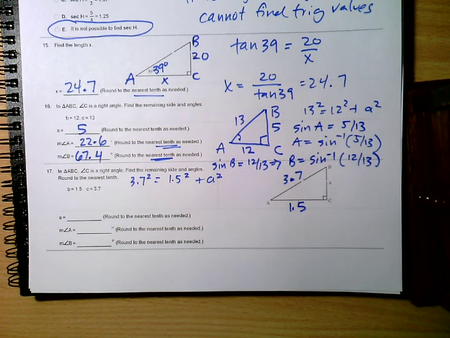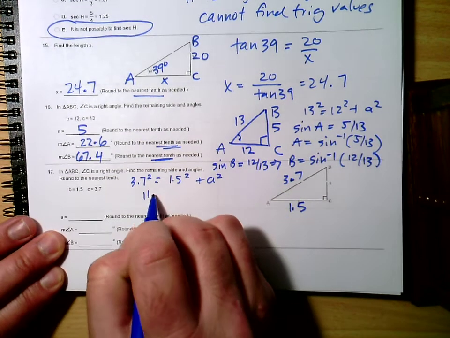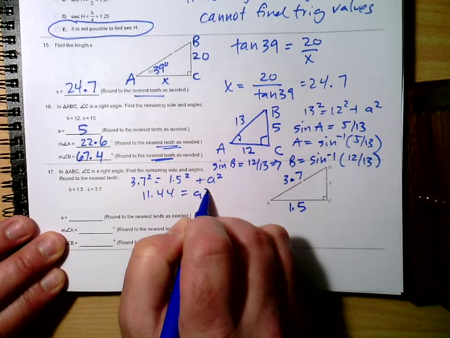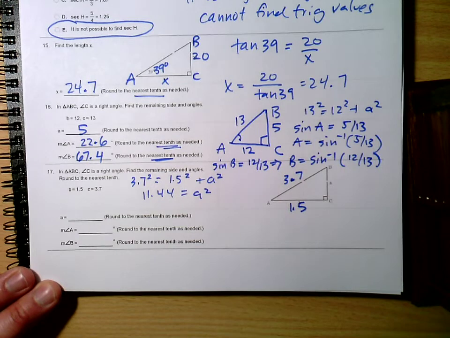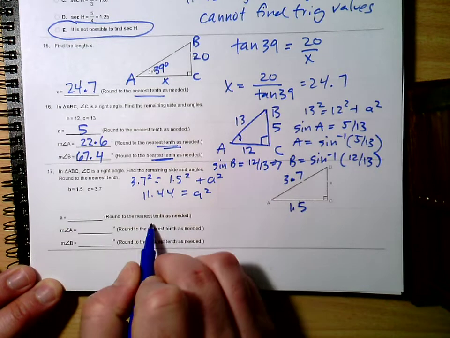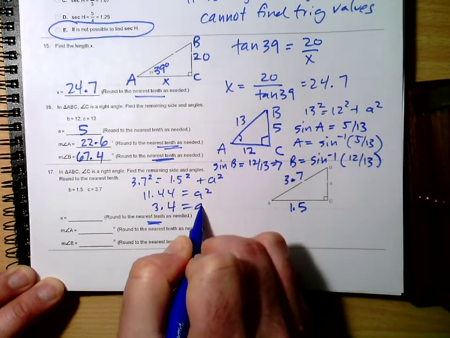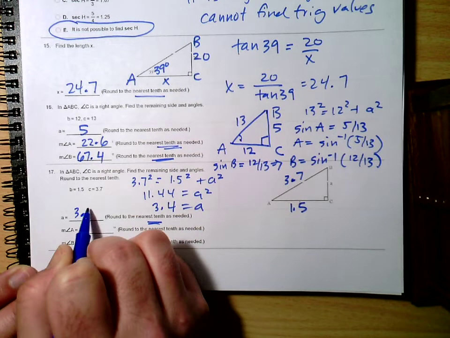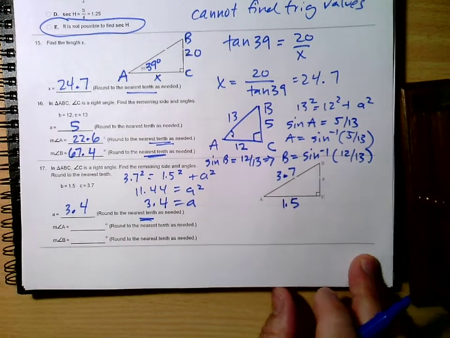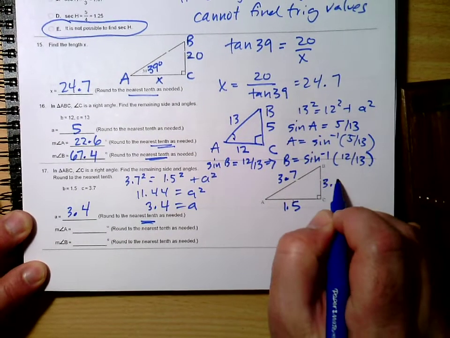I'm going to skip a few steps here. So this is 11.44 equals A squared. And if we take the square root of that, rounded to the nearest tenth, we get 3.4 equals A. So that's this side, 3.4.